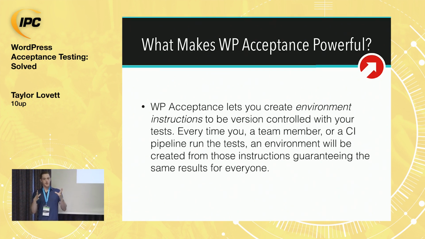Since everybody has the same set of instructions, everybody has the exact same environment. And then WP Acceptance also runs all this in a standard development environment. So whether you run it locally or in a CI pipeline, WP Acceptance is always running the same environment.